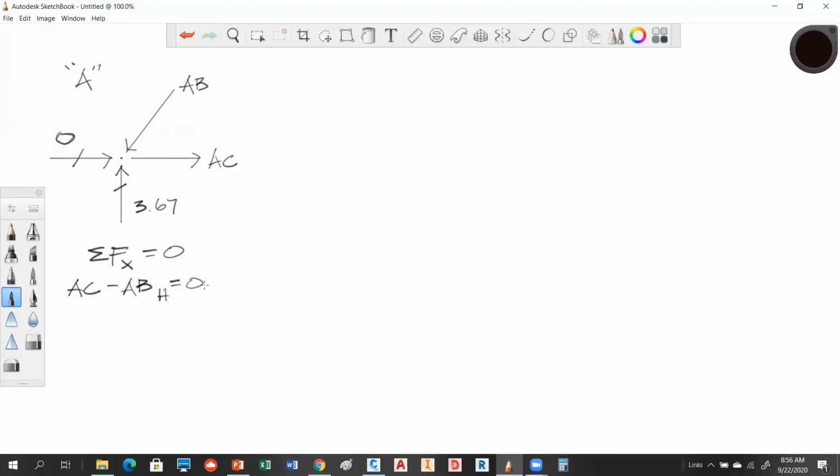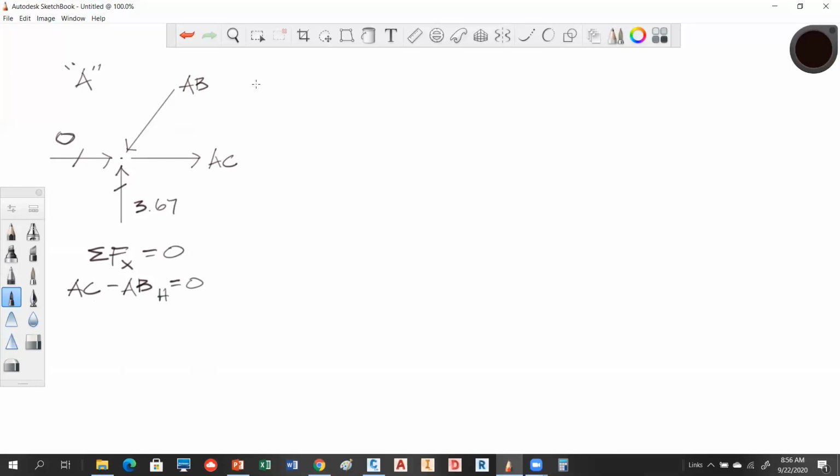Does everybody agree with that? Remember, AC is horizontal, and then we have a component of AB horizontal going this way. That's the way we modeled it. Everybody agree with that? Agreed. No solution here, right? We still have unknowns, correct?